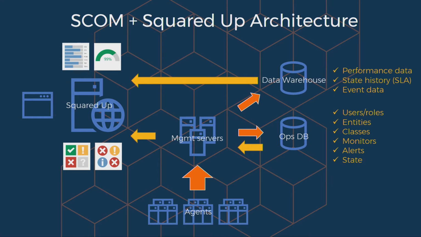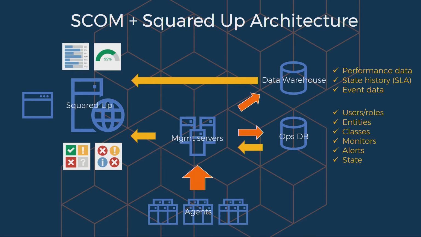Actually, that relates to a question that I've seen already come in. When it comes to reporting on SLAs, so the SLA gauge, there is no table that represents SLA data in SCOM. That's just reporting against the state history tables in the data warehouse. So the data warehouse is storing the state of every single monitored entity in your environment, both in terms of the raw changes and then hourly and daily changes as well.